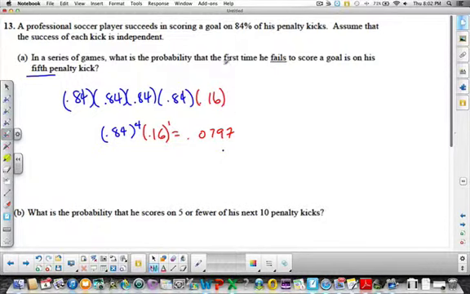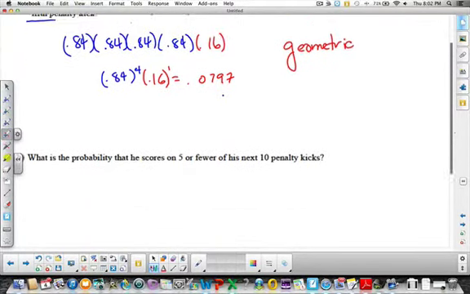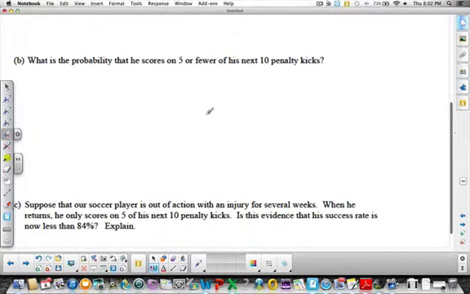Since we're looking for the first success or the first failure, this is a geometric probability question instead of a binomial question. So then if we ask, what's the probability that he scores on 5 or fewer of his next 10 penalty kicks? Now this is a binomial problem because the number of successes has been fixed.